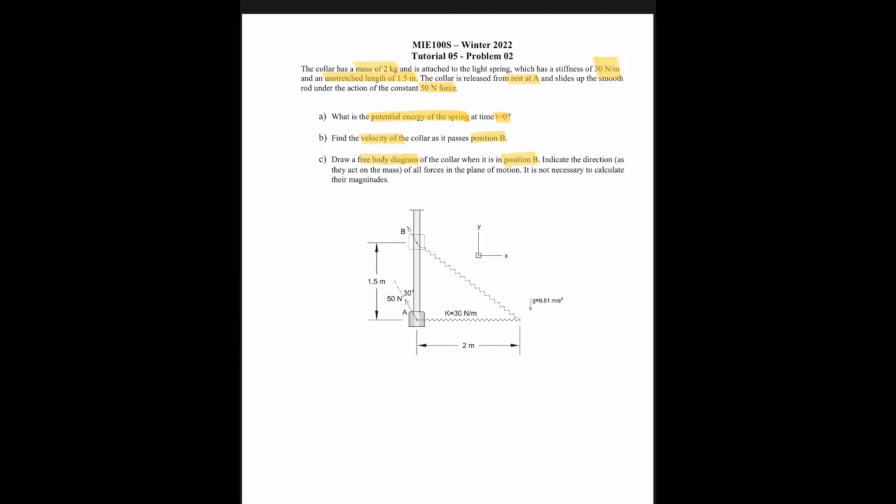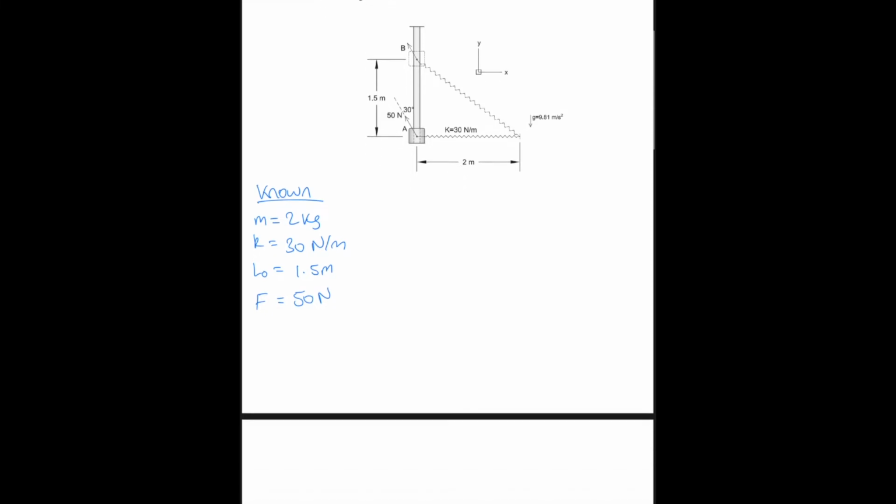Okay, what do we know? We know that the mass is 2 kilograms. The stiffness is 30 newtons per meter. The unstretched length is 1.5 meters. And an external force is 15 newtons.